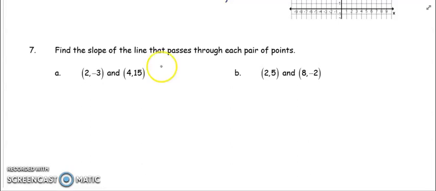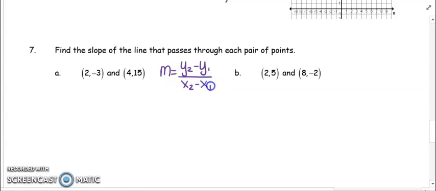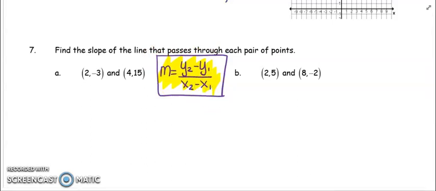Our slope formula. I'm going to write that down again for you. y2 minus y1 over x2 minus x1. We do the change in y's over the change in x's. So I'm going to label these x1, y1 and x2, y2.